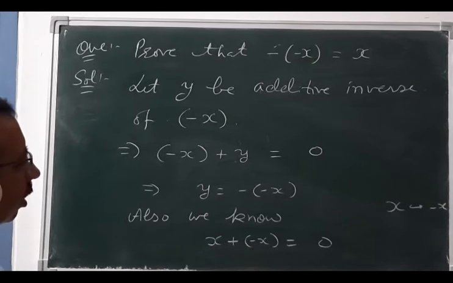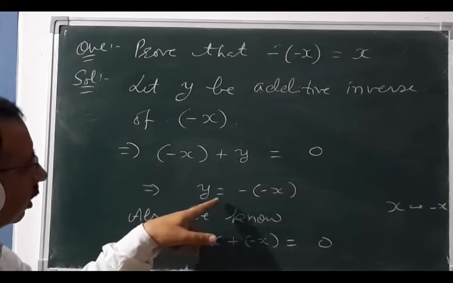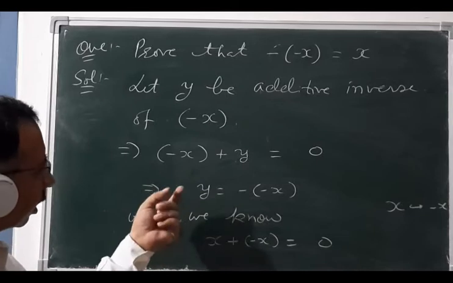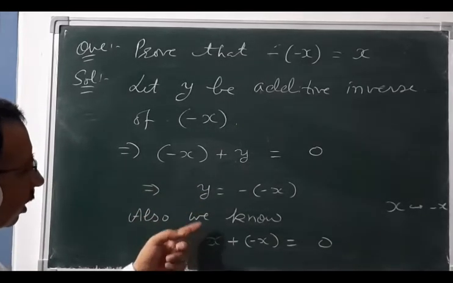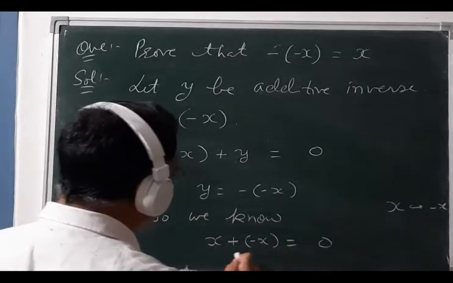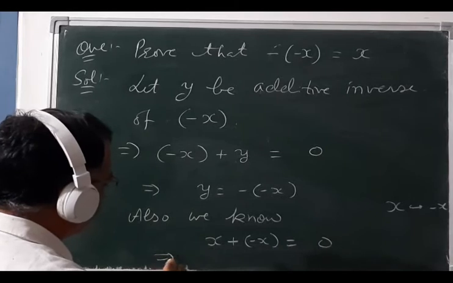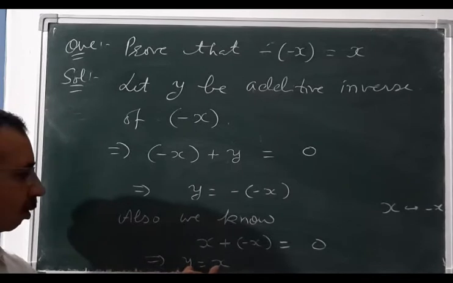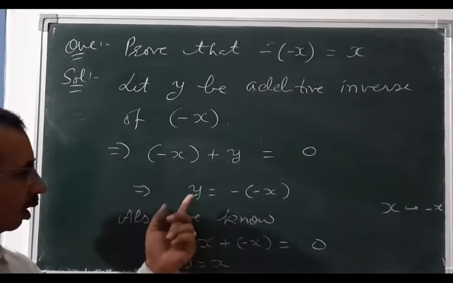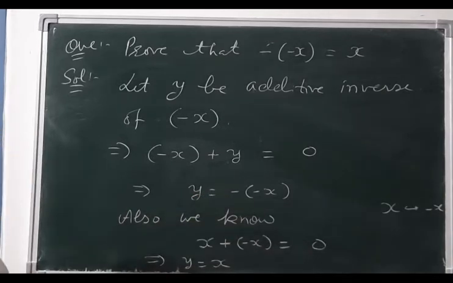Here we have said that y is the additive inverse of minus x. So by uniqueness, this y is the same as x. So from these two we get y is equal to x. So if I put y equal to x here, we get x is equal to minus of minus x.